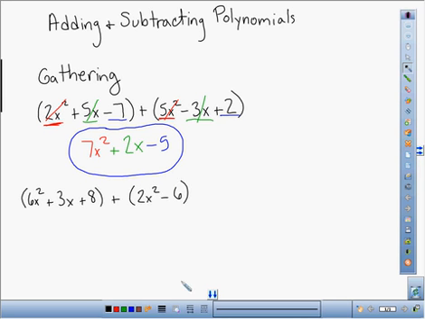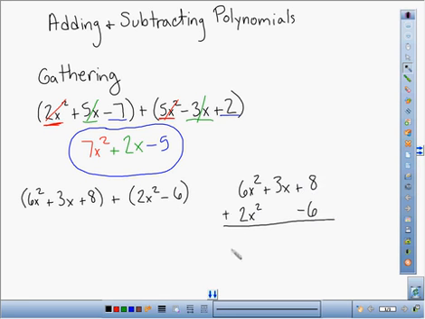Alright? For the stacking method, I take the first polynomial and I write it on the top, 6x squared plus 3x plus 8. And then I write the second polynomial directly under it, but I line up the like terms. So 2x squared would go under the other x squared, and minus 6 would go under the other constant.